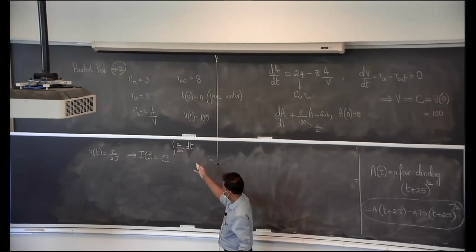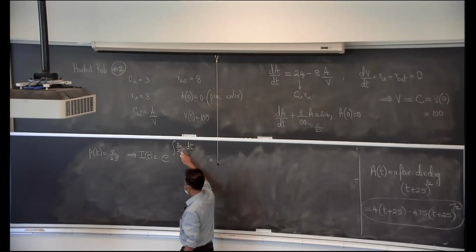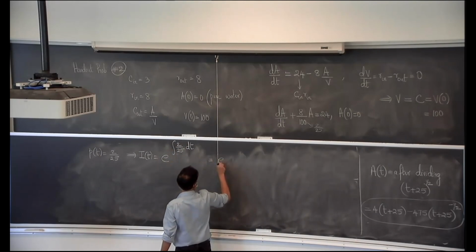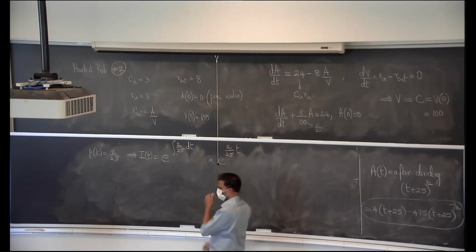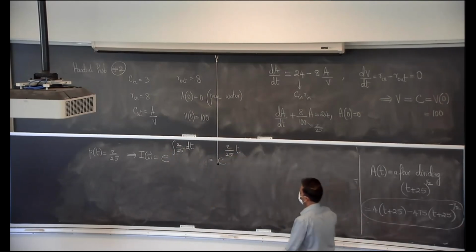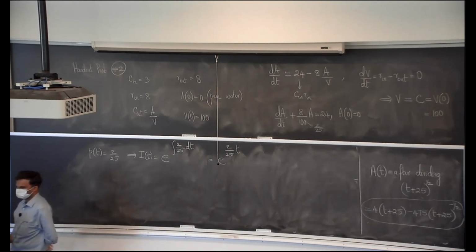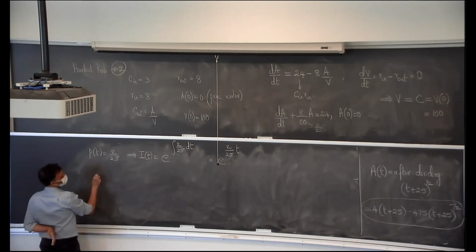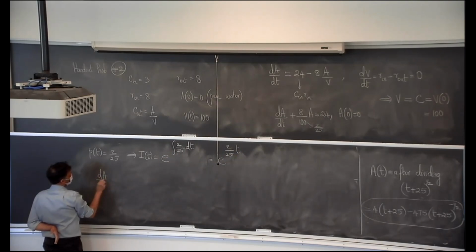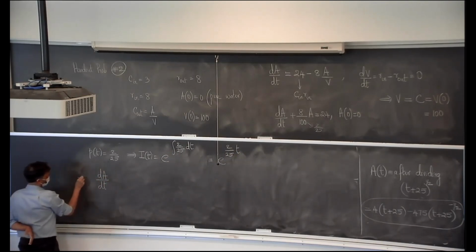I hope this is not too complicated. 2 over 25 is a constant, just pull it out. It's e to the power of 2 over 25 t. All right, so then dA dt, let's multiply this on both sides.